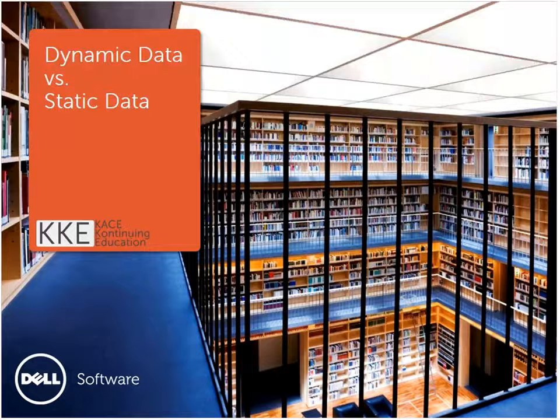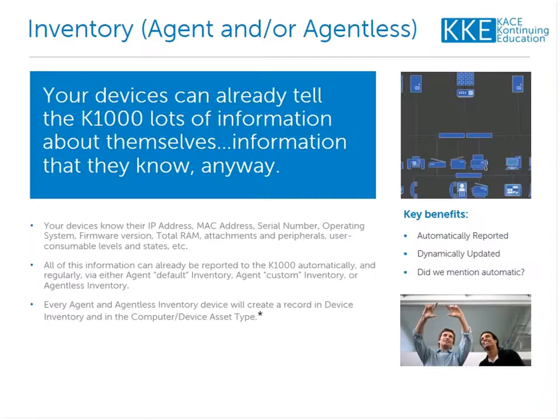All right. So let's talk a little bit about the difference between inventory and assets, right? And this is a very good thing here: dynamic data versus static data. So let's get a little more information here.